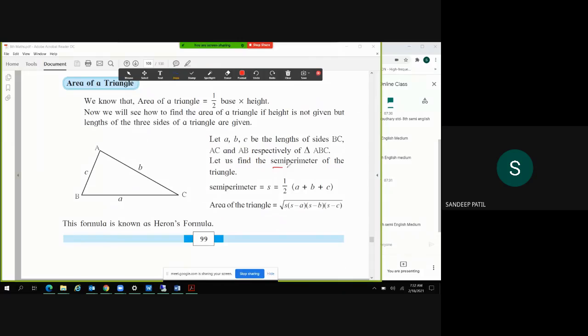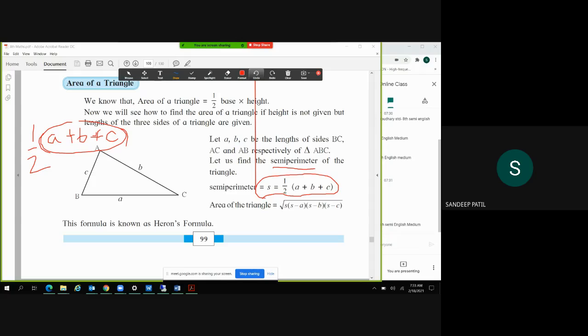Perimeter is the summation of all the sides, so that is A plus B plus C, right? And semi-perimeter is half of this, half of the addition of all the sides.